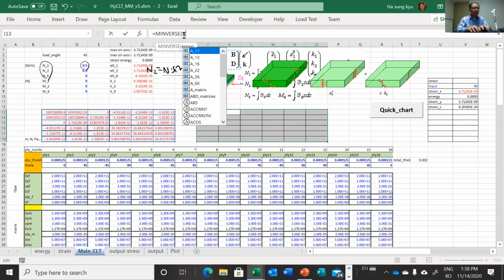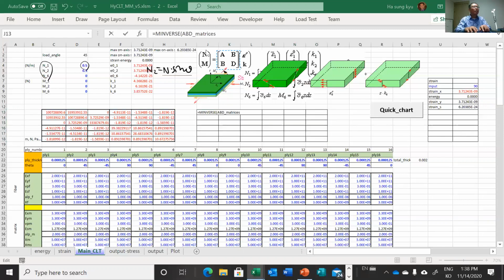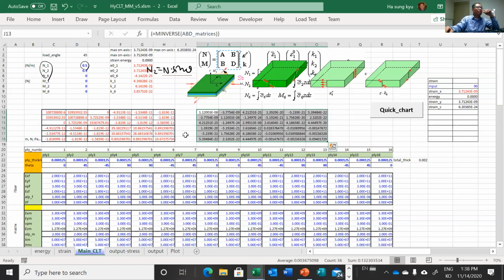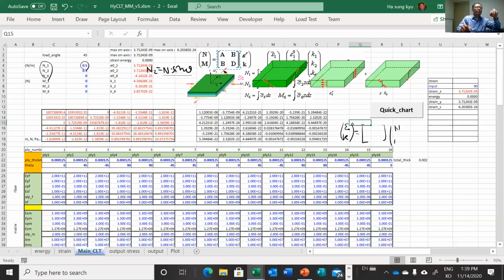This one is called the ABD matrix, right? Now we simply invert it. And very importantly, we get this epsilon 0 and the curvature, and the inverse of this, and N and M.